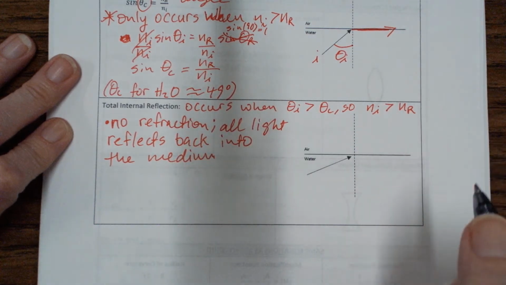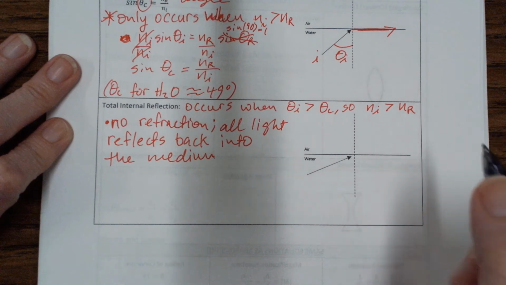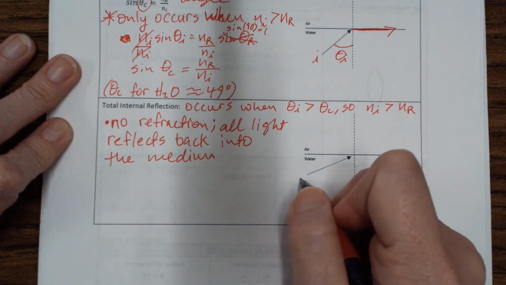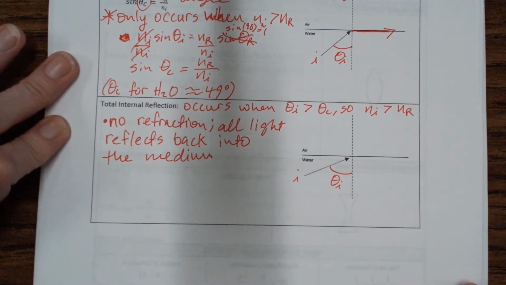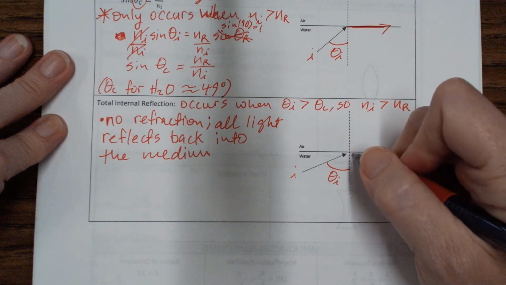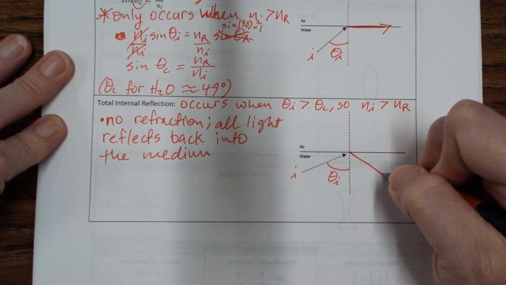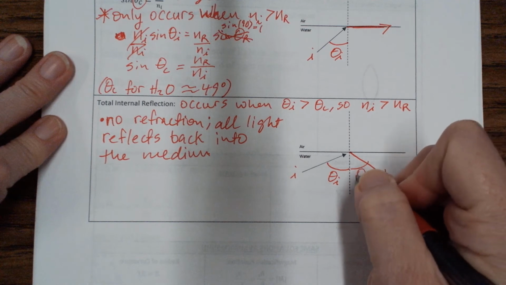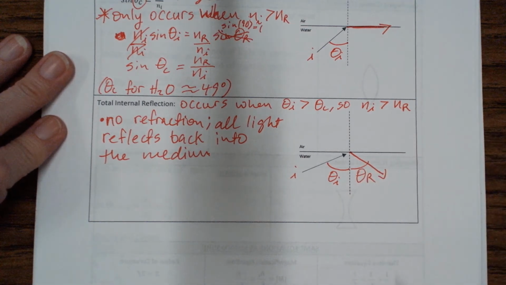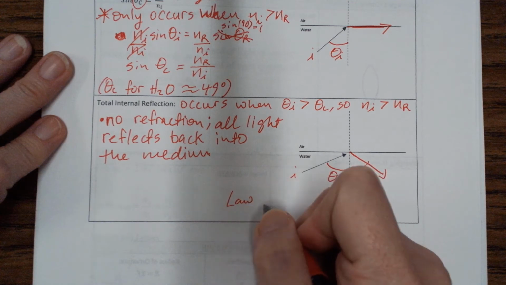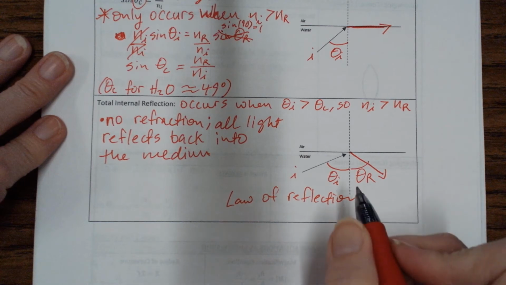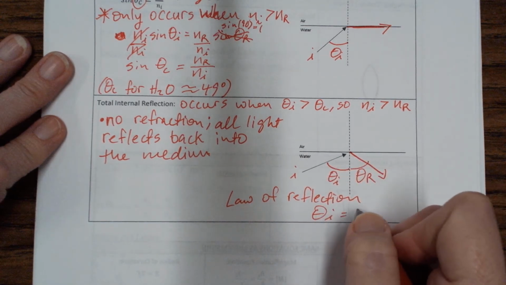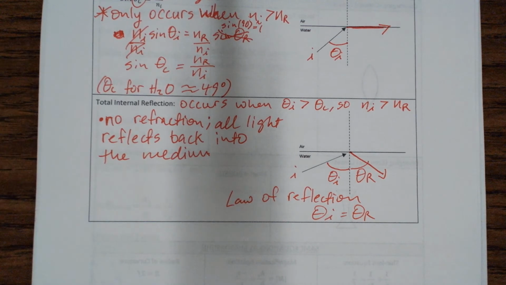Okay, so if I did this, here's my incident, here's my theta I. What's going to happen is it's going to reflect back, and there's my theta R. For this, you're going to use the law of reflection, where theta I equals theta R. So you just have to remember things like that.